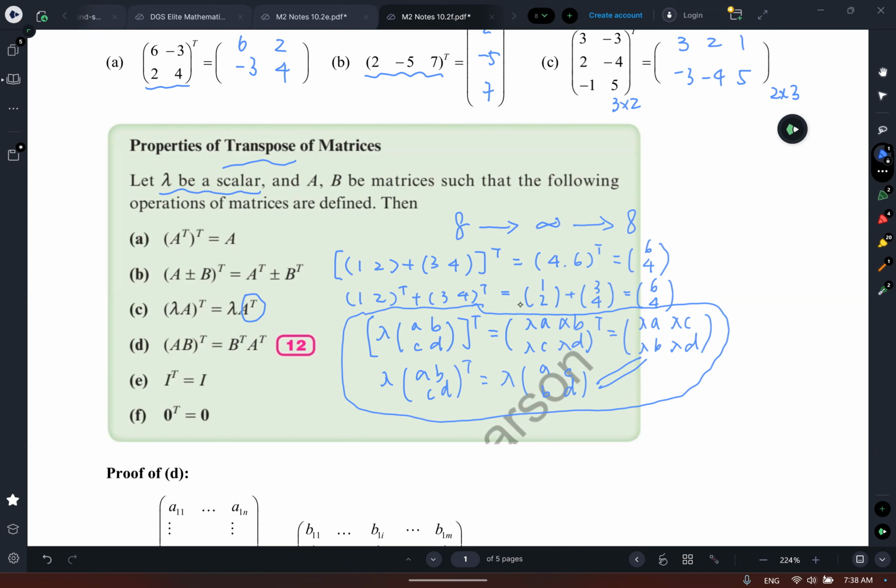Next one. Now this one is the most difficult, the less easy one. That is AB transpose equal to B transpose times A transpose, and that is correct for any matrix. In the textbook, it's listed as one of the theorems you prove yourselves. In today's lesson, we will see a little bit of proof. But you don't have to worry about the proof.